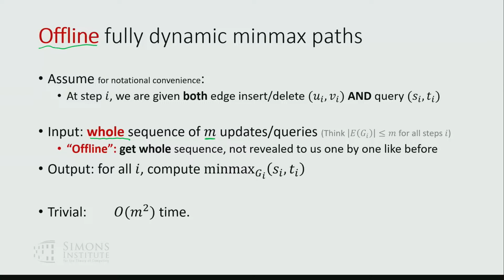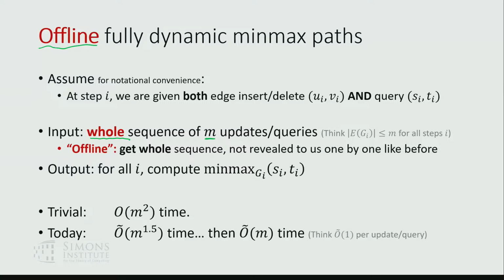So you can answer every query in m squared time trivially. But I will show you how to get this down to m to the 1.5 and then almost m time at the end. So you can think of this as basically almost constant per update or query. The total time is almost m, so on average, it's almost constant.